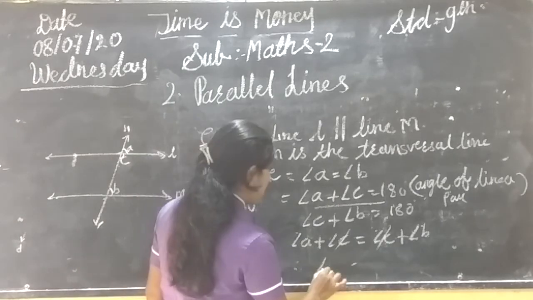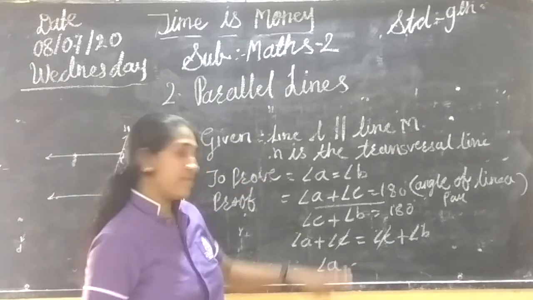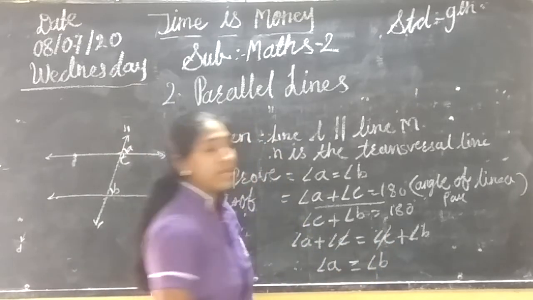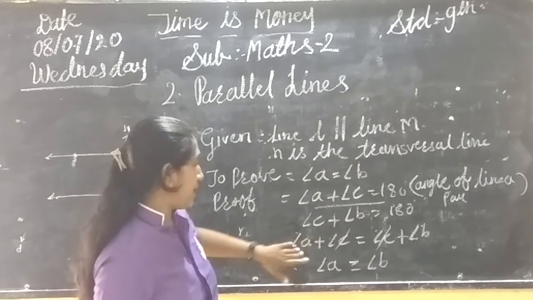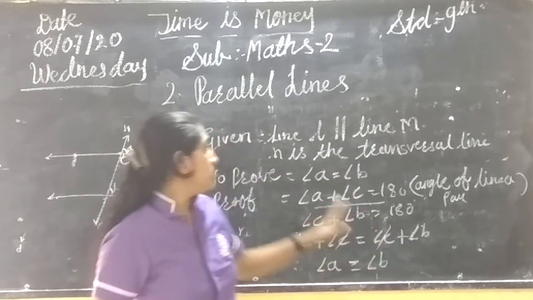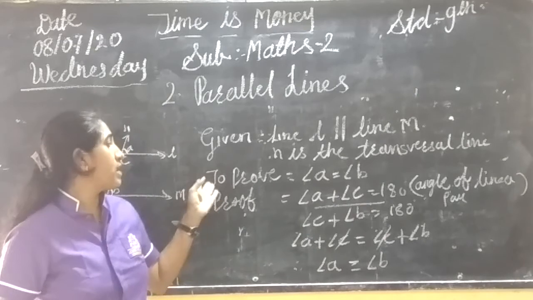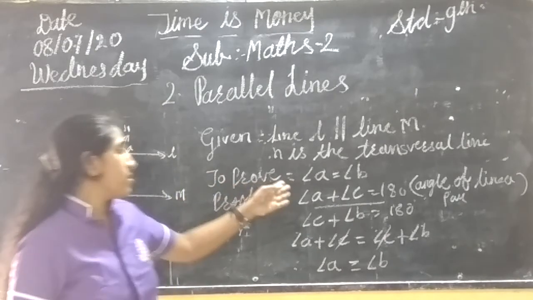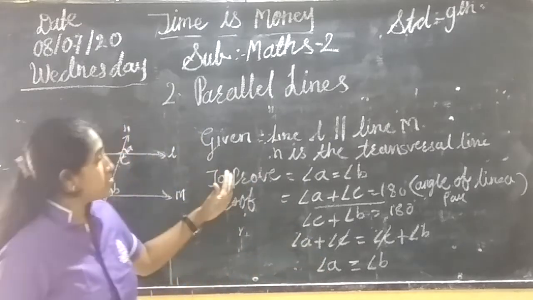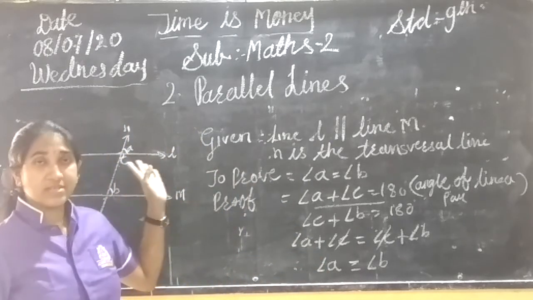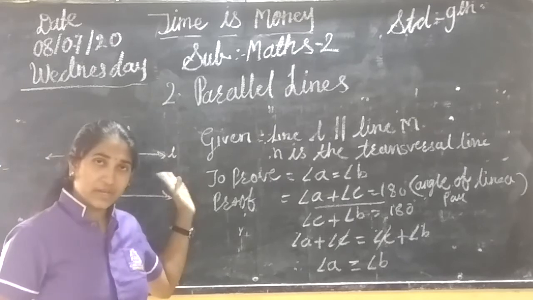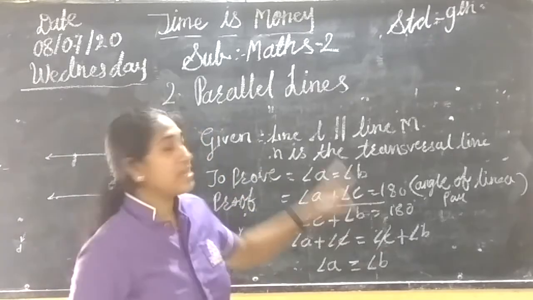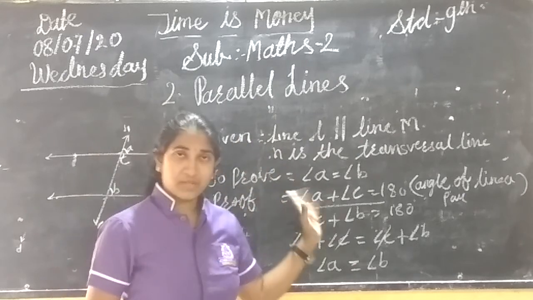Then what is remaining? Angle A equals angle B. Okay, angle A is equal to angle B, and this is only what we have to show here. That is the question given to prove. Now we have proved that the corresponding angles have the same measurement. That is, the corresponding angles are congruent. By this theorem it is proved.